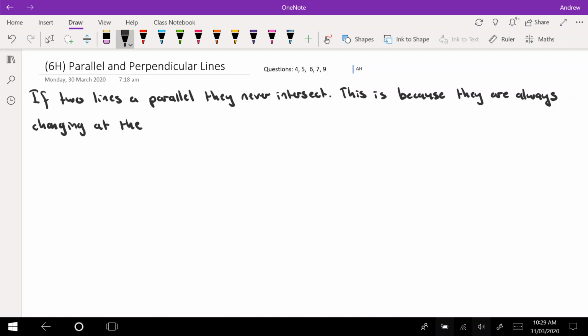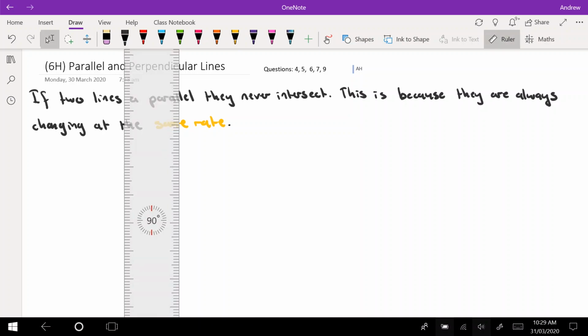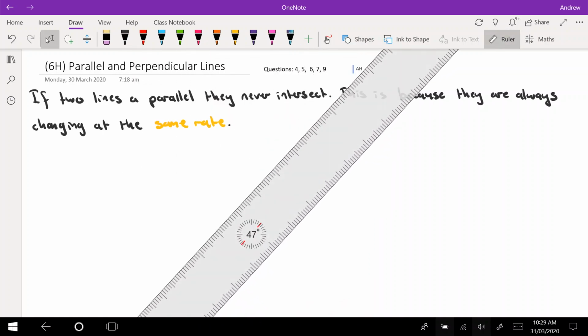Okay, if I have two straight lines, you don't have to copy this down, but if I have a ruler and I have a straight line, it's going this way, and then I have this straight line there, it's also going this way. They're never going to intersect because they're always changing at that same rate. They're always at that same direction.